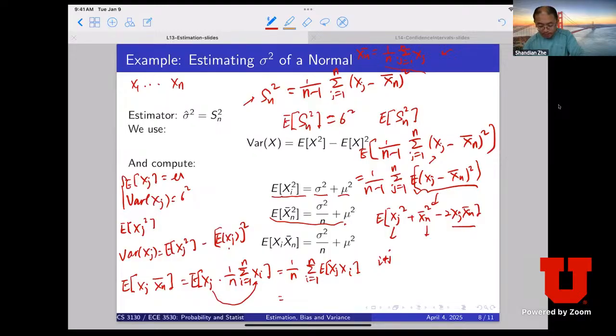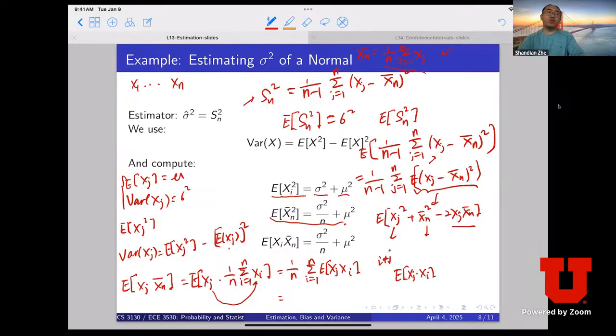Then what is the expectation of xj times xi? Say i is 1 and j equals 2.